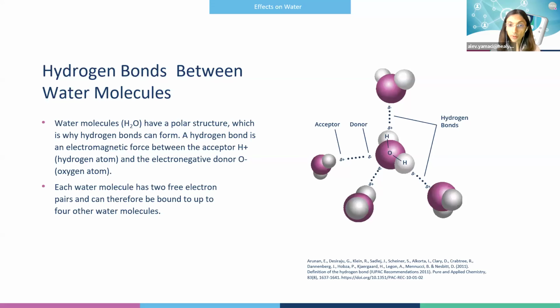The acceptor, as you see in the right graphic, is usually the hydrogen atom, and the donor is the oxygen atom. Because of this polar structure, they form hydrogen bonds. Those hydrogen bonds are actually quite loose, very subtle, not so strong bonds. Water is quite special in this regard because clusters can form.